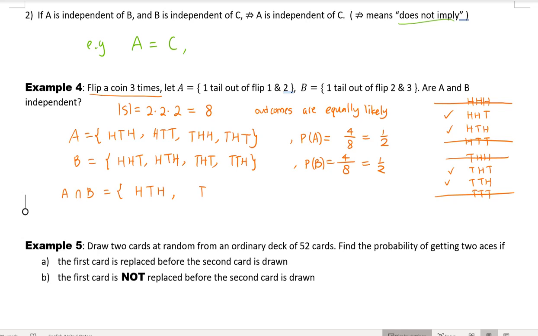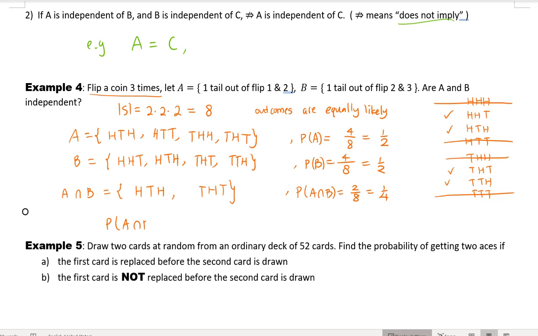If the first one is tail, then the second one must be head, and because the second one is head, the third one must be tail. So now we have 2 outcomes. P of A and B is 2/8, which is 1/4.